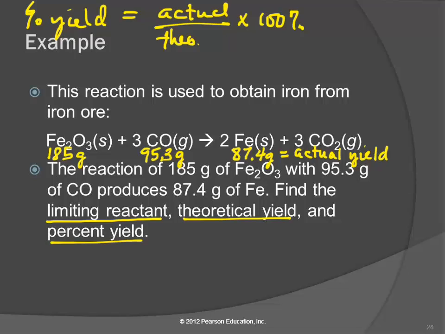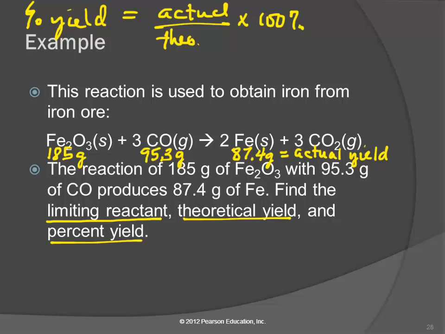What we're used to is having masses of 2 reactants, and then they're asking us to find the mass of the product. And so it might throw you off that they're giving you the mass of the product. But what they're giving you is the actual yield, and we still need to calculate the theoretical yield. Everybody with me on that?